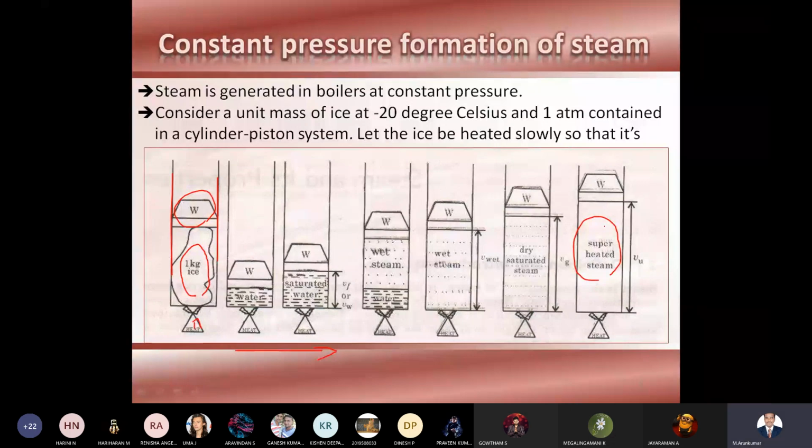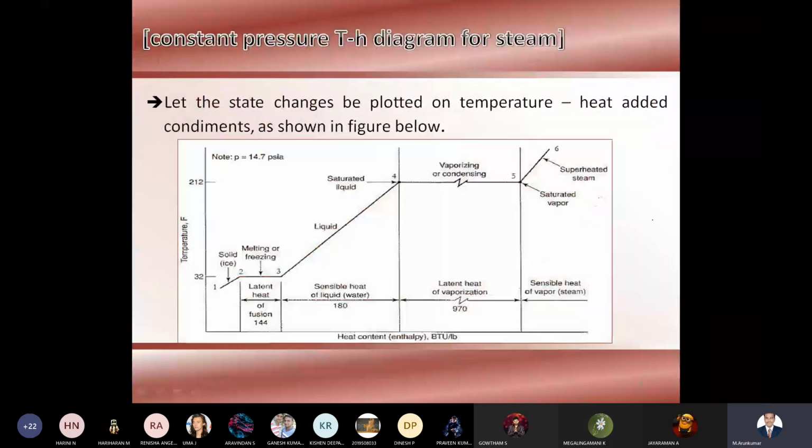Then we can produce the steam at constant pressure by the addition of heat, right? So these are the phase changes, and the phase changes can be obtained from the TH diagram of the steam. This is your TH diagram, that is temperature and enthalpy.